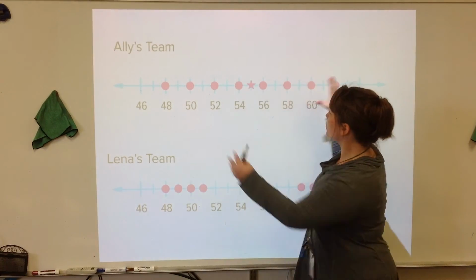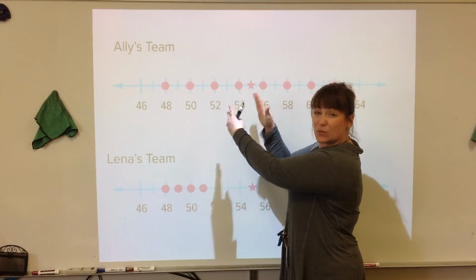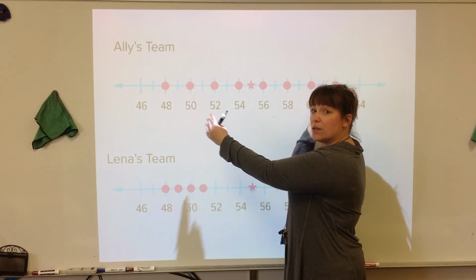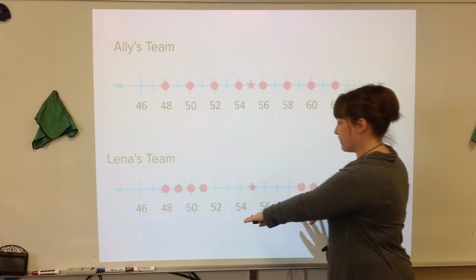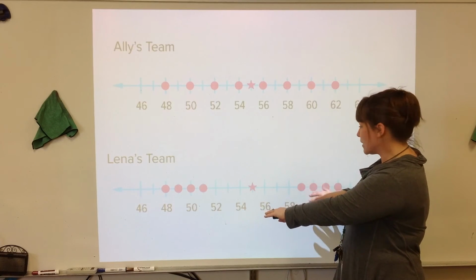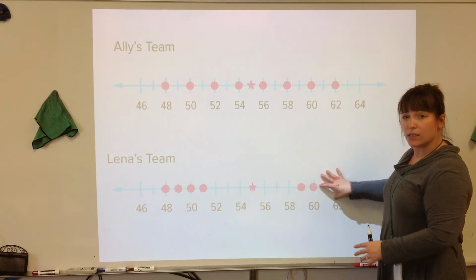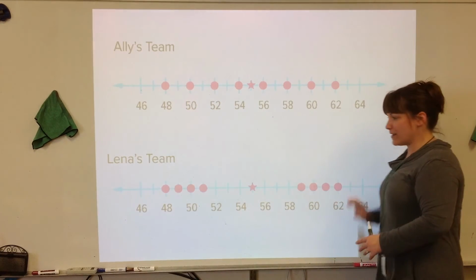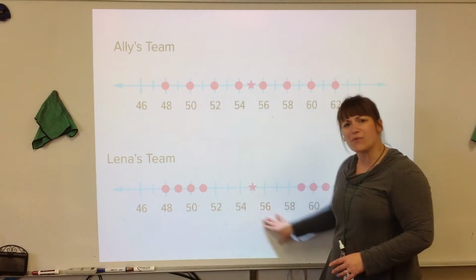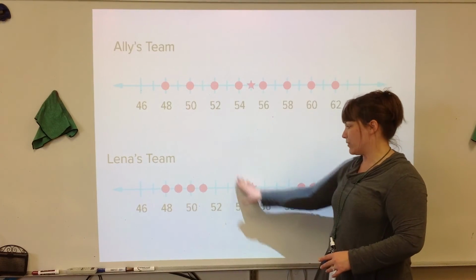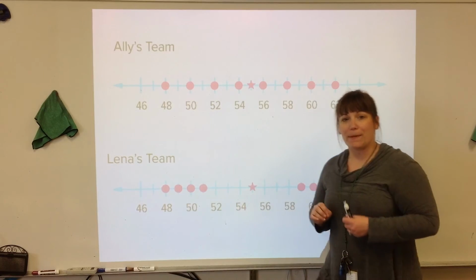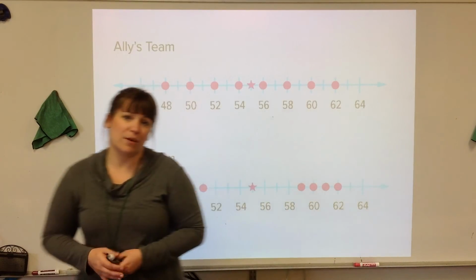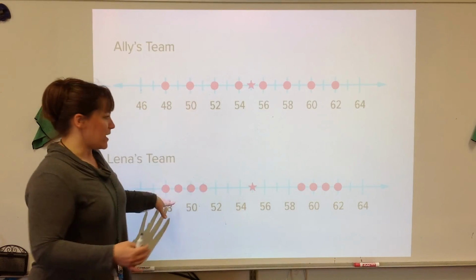These are closer to the mean. They're also spread pretty evenly, and the spread is a lot different than Lena's team. Lena's team, they're kind of clustered over on the higher end and on the lower end, and there's not really that much around 55. So again, the MAD describes the spread of these data points.